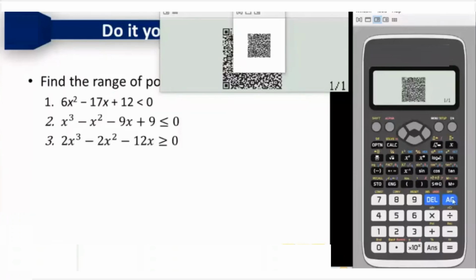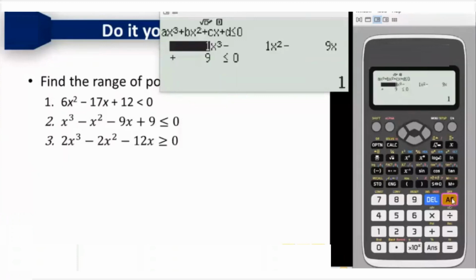I'll do the last question, and I don't need to press OPTN again because we are already in the cubic inequality mode. So I will press 2 is equals to, I will press minus 2 is equals to, I will press minus 12 is equals to, and please realize there is no constant term. When there is no particular term, we will write 0.